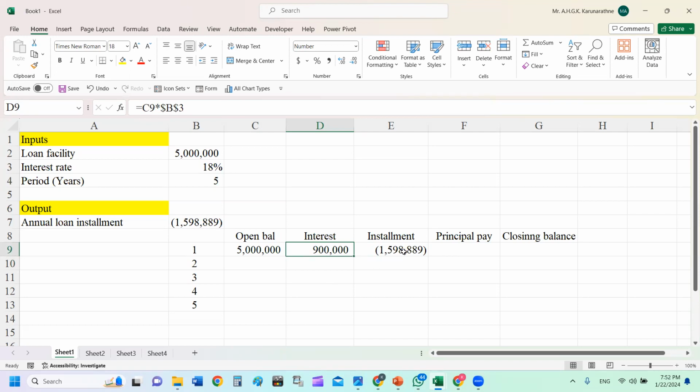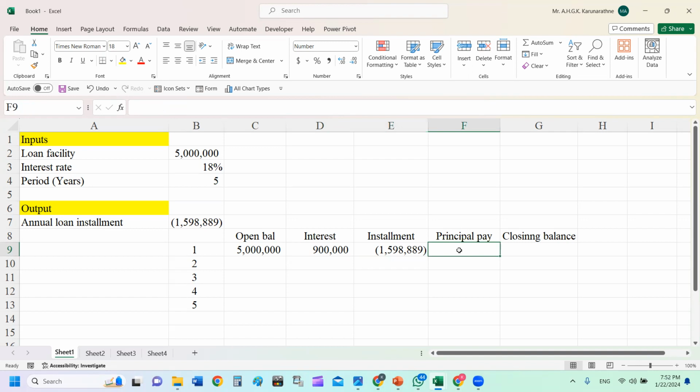Accordingly, from your installment, the bank doesn't deduct your loan. Why? From the installment you pay, they initially cover the interest. Only from the difference do they recover the loan.